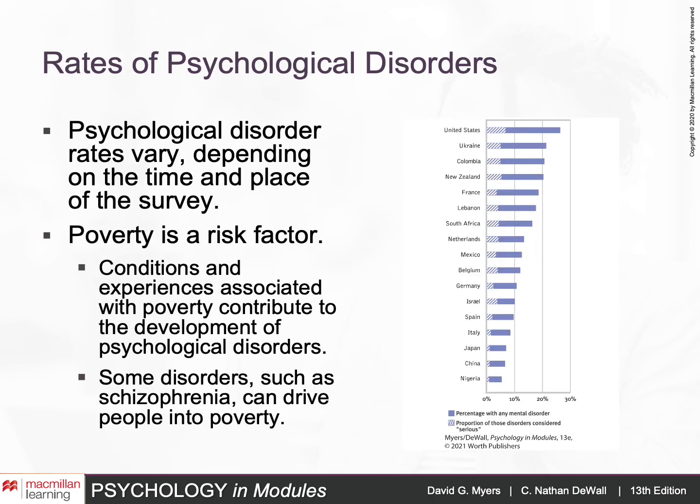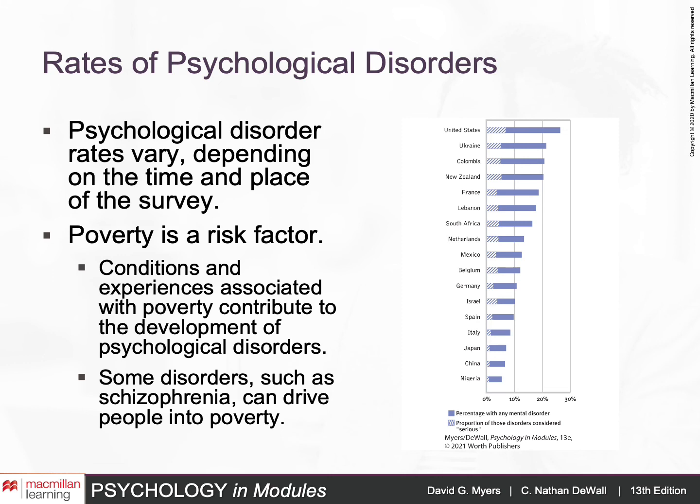Another thing that your book discusses is kind of the factors that make one vulnerable to a psychological disorder. And one of the biggest risk factors is poverty. So a lot of the conditions and experiences that are commonly associated with poverty contribute to the development of psychological disorders, right?